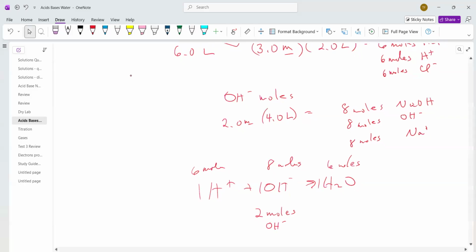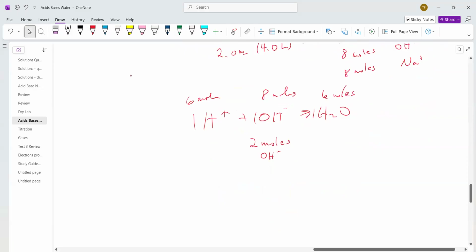Okay, so this is going to be an alkaline or basic solution left over, because we had basically more base than acid. But you have to do the moles to calculate that first.